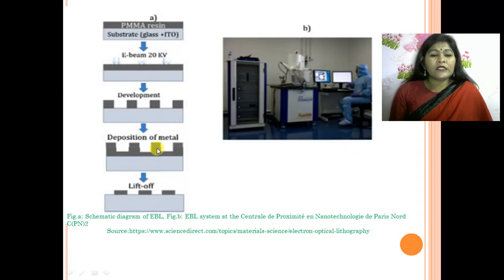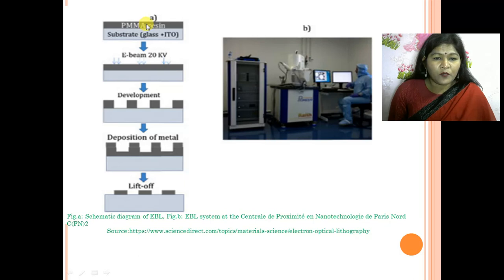So here this is the schematic diagram of electron beam lithography. This is the PMMA, which is called the polymer. The substrate material is covered by PMMA and exposed using a focused electron beam.